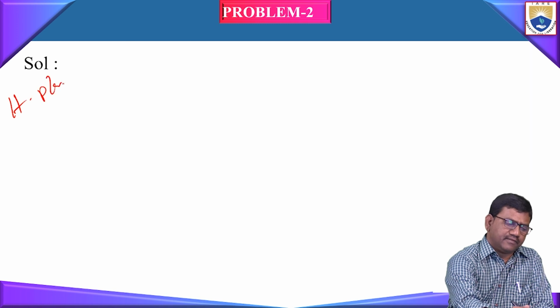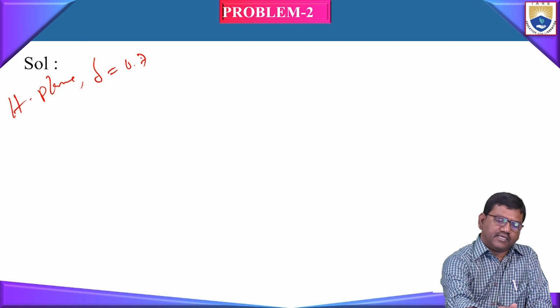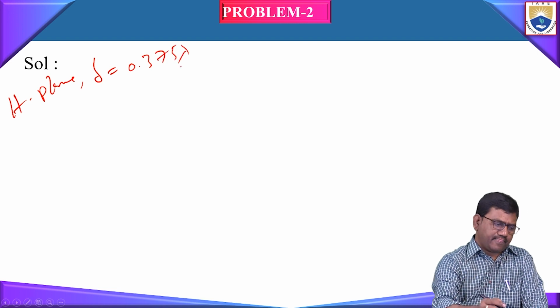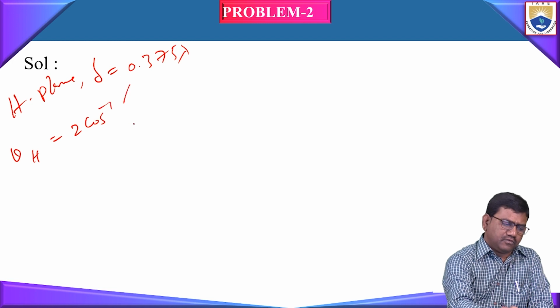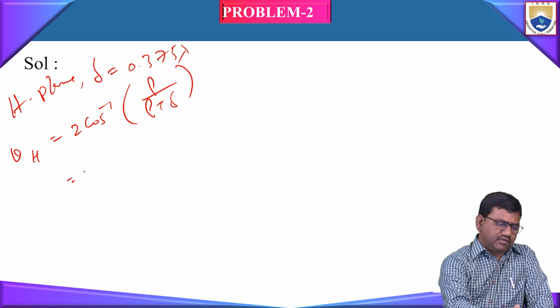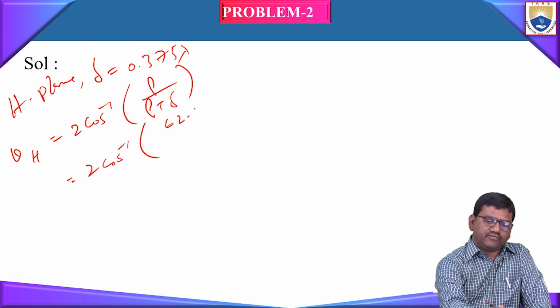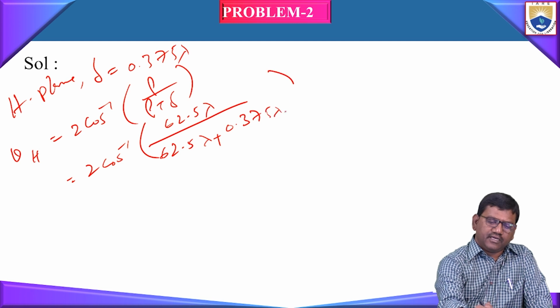Now similarly, we find the value in the H plane. In the H plane, delta is given as 0.375 lambda. Using the same formula, theta H is equal to 2 cos inverse of rho by rho plus delta, which is 2 cos inverse of 62.5 lambda divided by 62.5 lambda plus 0.375 lambda.